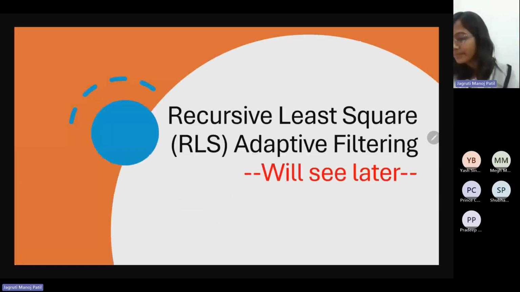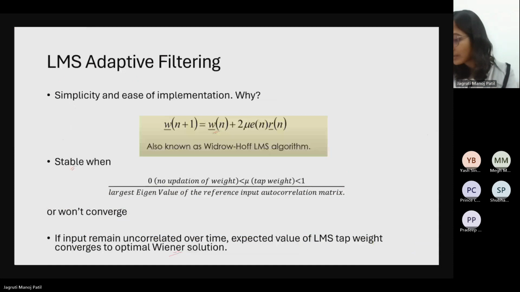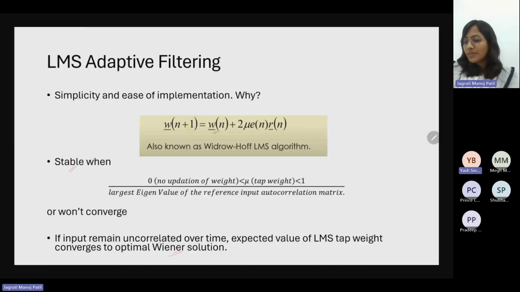Yes, here: if the input remains uncorrelated over time, then the expected value of the weight converges to the optimal Wiener solution. So what I said is that these particular filters are just modifications of the Wiener filter, but eventually what is traditional and conventional, and what people follow nowadays also, is the Wiener filter. These are just slight modifications which are only applicable at some points of time, but not in general.